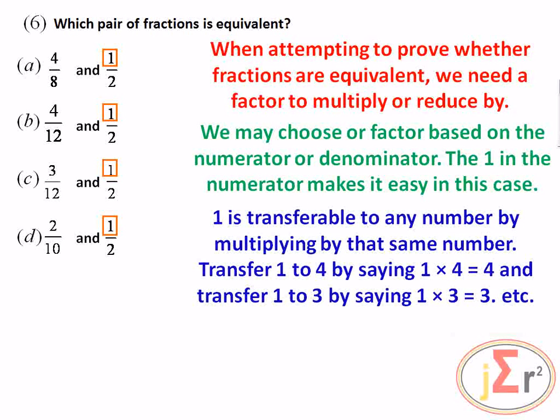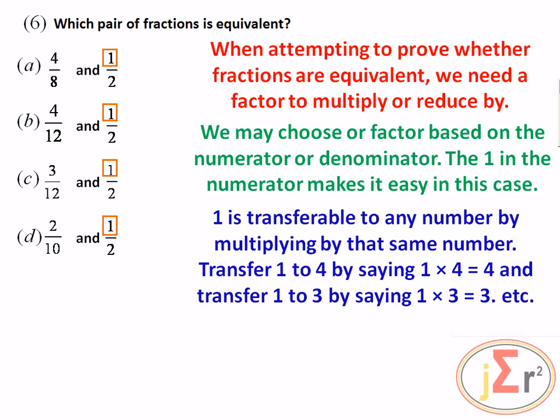In this particular case, all the numerators are equal to 1. Therefore, it is easy to use the numerator to arrive at a number that we should use to multiply. So 1 is transferable to any number by multiplying by that same number. Transfer 1 to 4 by saying 1 multiplied by 4 is equal to 4.